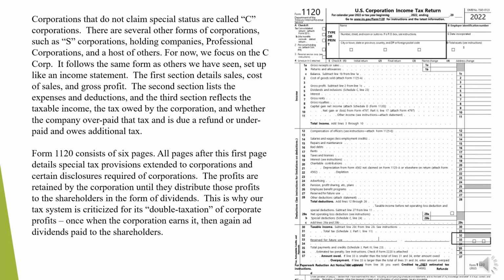Now, other forms of the corporations may be an S corporation. Legally it is a corporation, but it acts like a partnership. It flows the information through to its shareholders, just like a partnership does. It doesn't pay taxes. You can have holding companies, professional corporations.